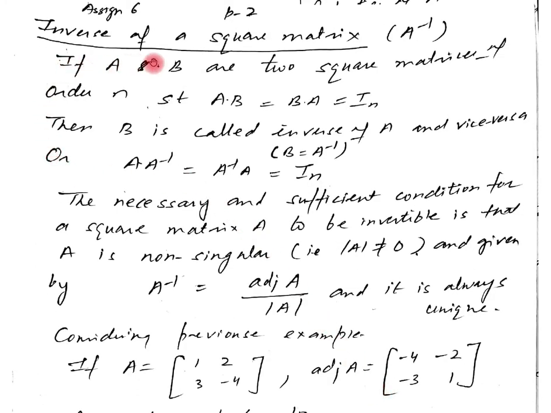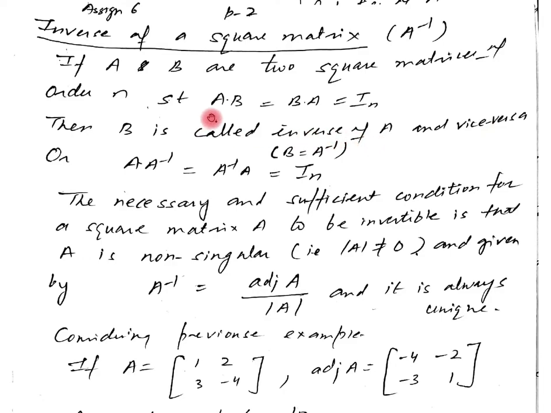Now the next is the inverse of a square matrix. Inverse of a square matrix is written as A inverse. If A and B are two square matrices of order n such that A into B equal to B into A equal to In, where In means the identity matrix of the same order. If the product of any two square matrices of the same order is equal to the identity matrix, then each one is called the inverse of the other.